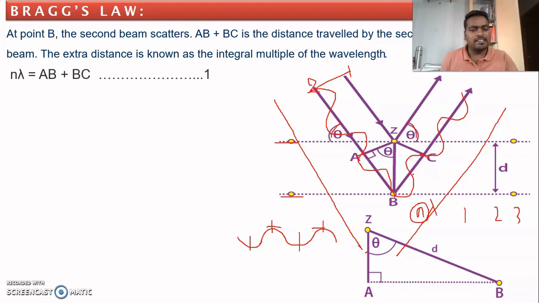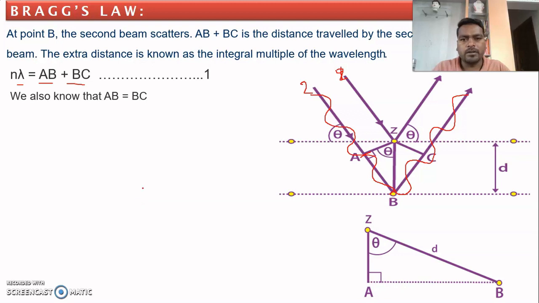So in this extra distance, that's why we have considered n lambda is equal to AB plus BC. So we understood how n lambda is equal to AB plus BC, that is the extra distance which is traveled by the second wave, equal to some integral multiple of wavelength, that is n lambda.